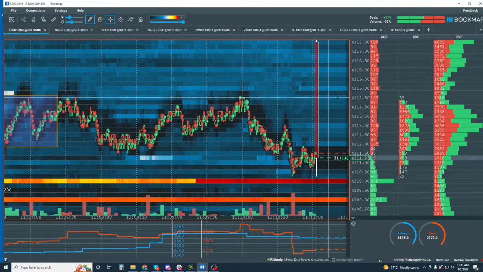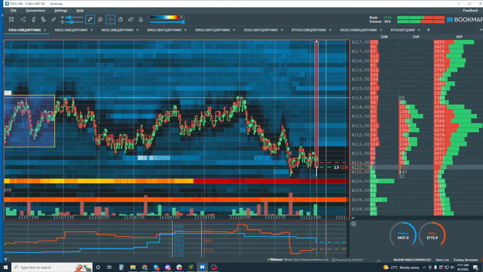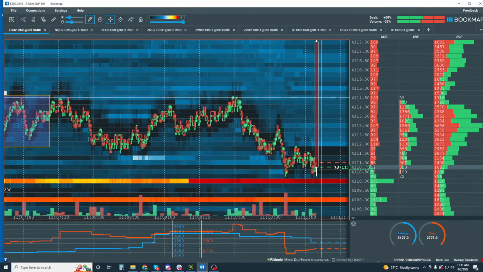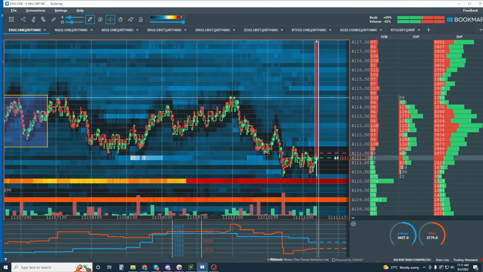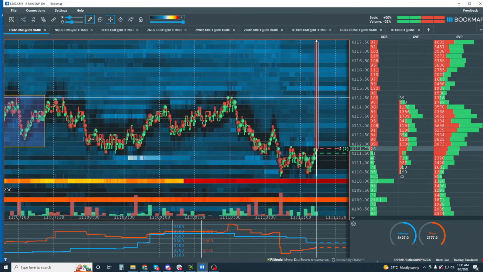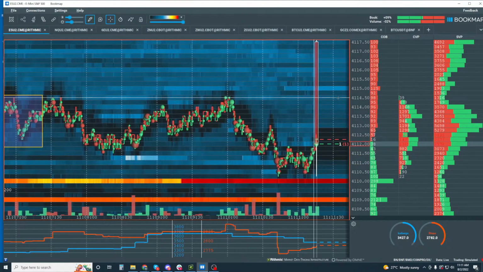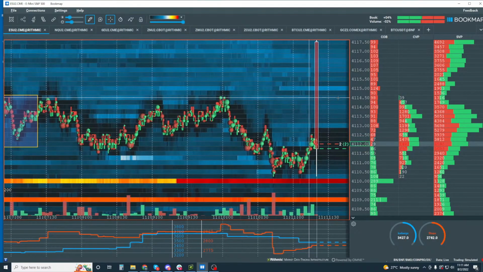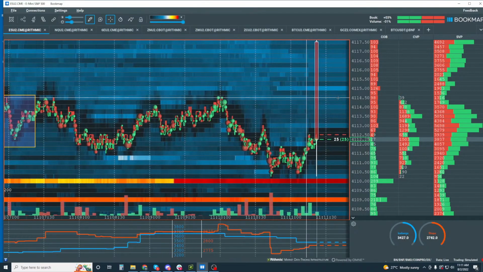Yeah, looking at the structure, absolutely. Now we're looking at these small scales here, but that doesn't matter. We can look at higher time frames. The structure is still the same. These markets are fractal. What happens on the small time frame is very similar to what's happening on the higher time frame. They're just variations of it.